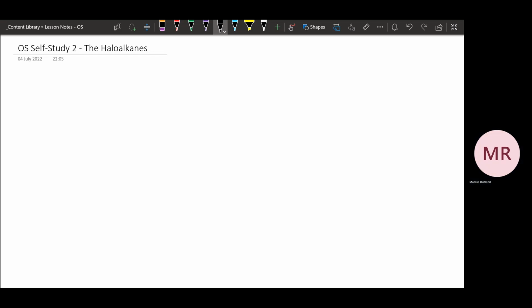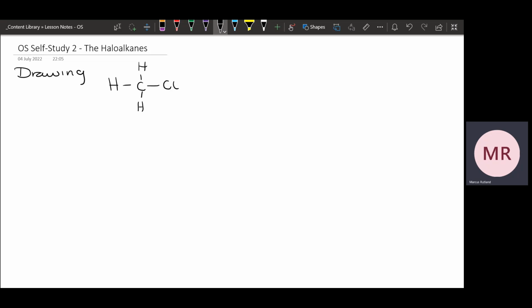First of all, drawing haloalkanes. Haloalkanes are simply molecules where one or more hydrogens has been replaced by a halogen. So very simple ones, full structurally, you just have the molecule, but instead of a hydrogen, you have a halogen, like chlorine.